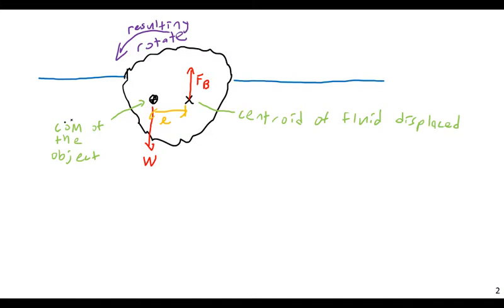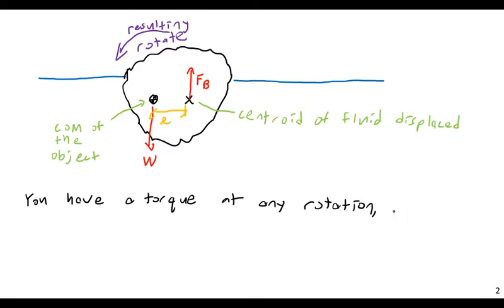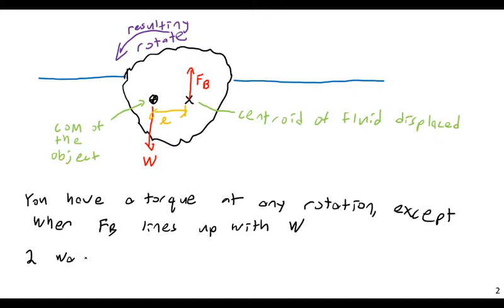So essentially you have a torque at any rotation, except when Fb lines up with W. And there are two ways to get this alignment.